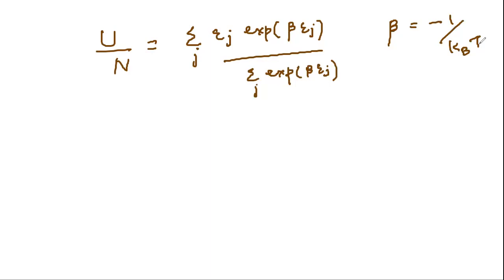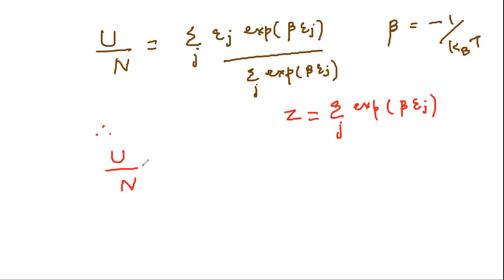Now, this equation, we know here, this is Z. Here, this summation j exponential beta epsilon_j is nothing but the partition function Z. So this equation can be written as U over N is equal to 1 over Z d by d beta of Z. Check it.